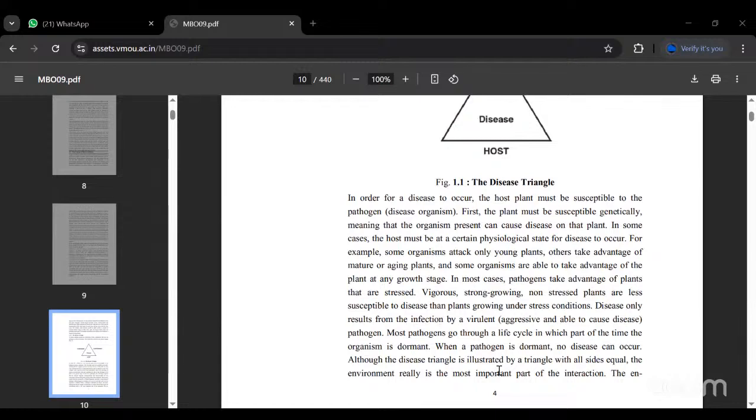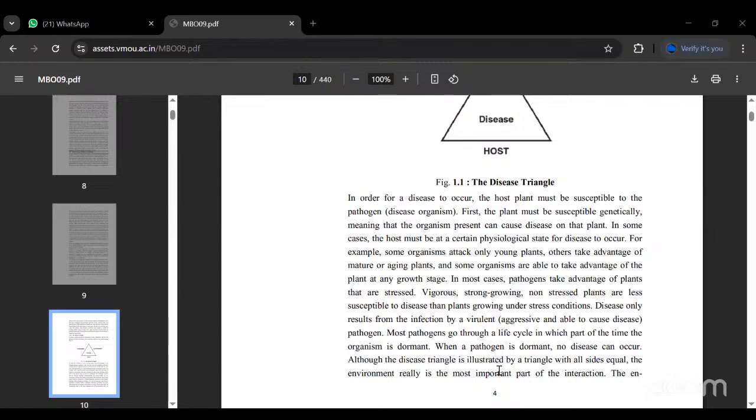In some cases, the host must be in a certain physiological state for the disease to occur. For example, some organisms attack only young plants.